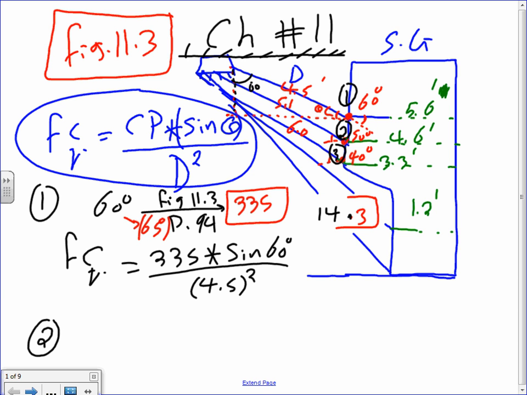If you do your math on this, you're going to end up with 14.3 foot candle.